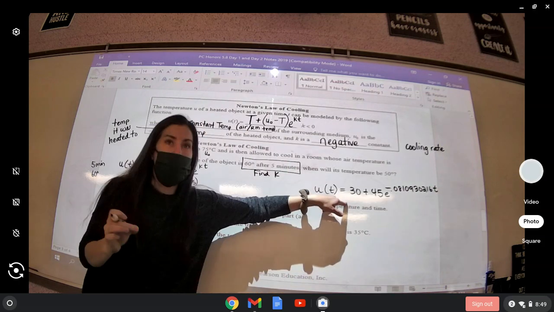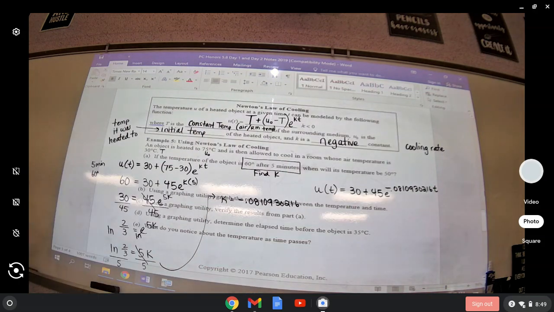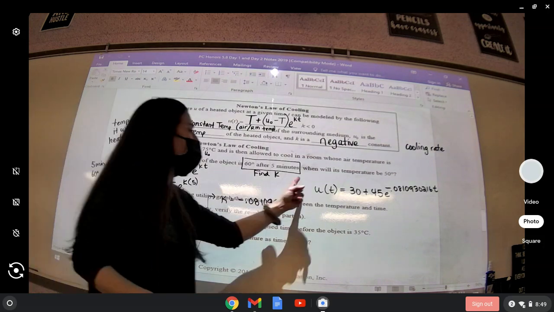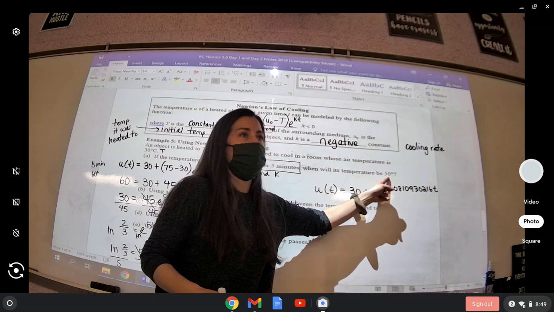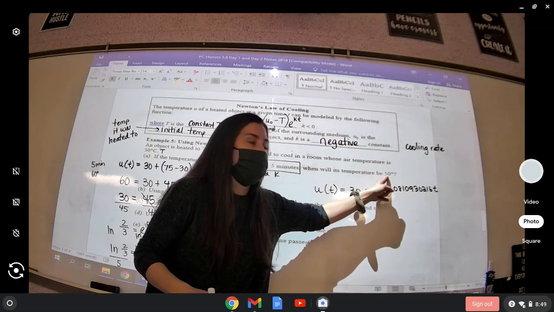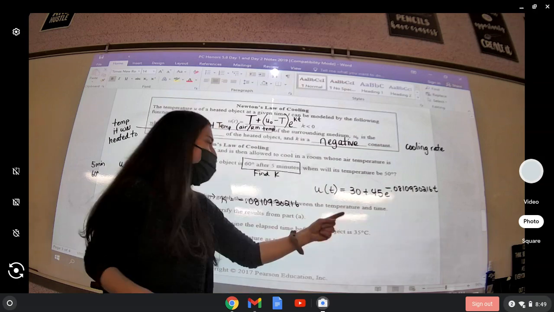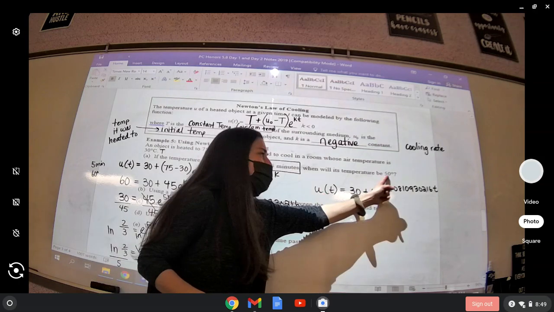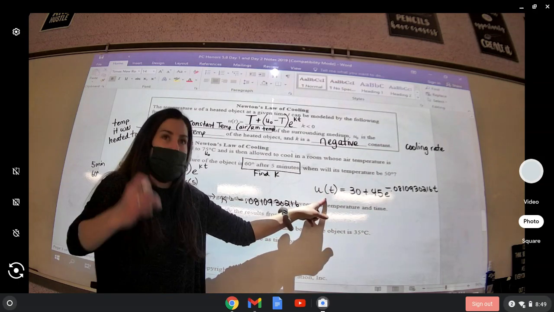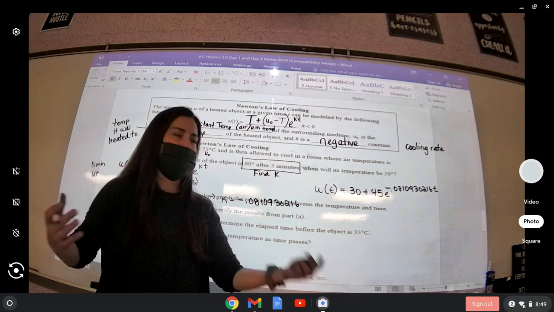So there's your formula that will work with this cooling object. Now they want to know, when will its temperature be 50 degrees? Now you can answer that question. So now you want to know how much time, T, is it going to take for the final temperature to be 50? So set your equation equal to 50 and solve for T.